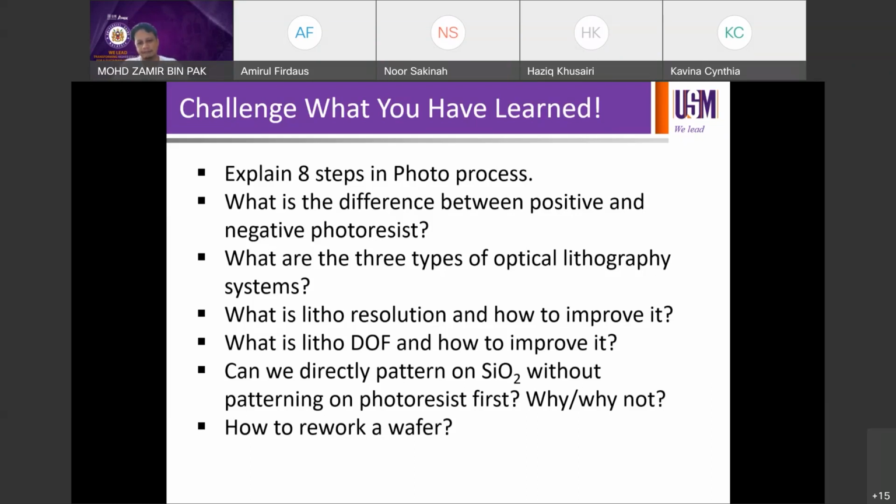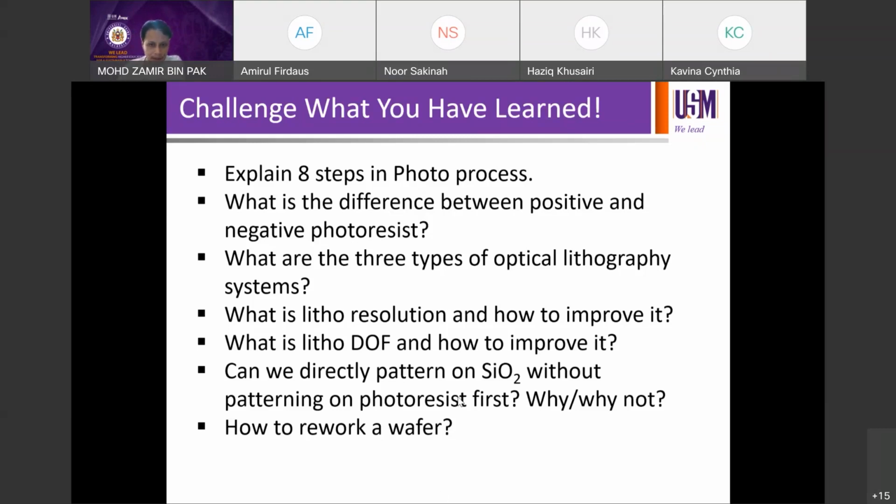The second one, anyone? Navina? Right, scanning projection. The other one in between, what is it? Proximity. Okay, done.